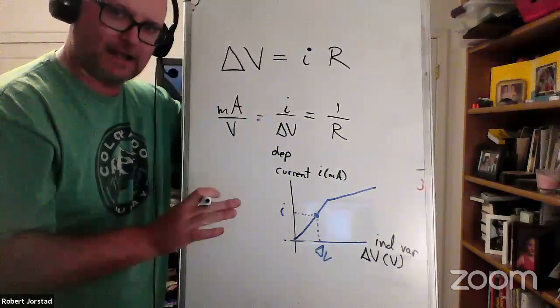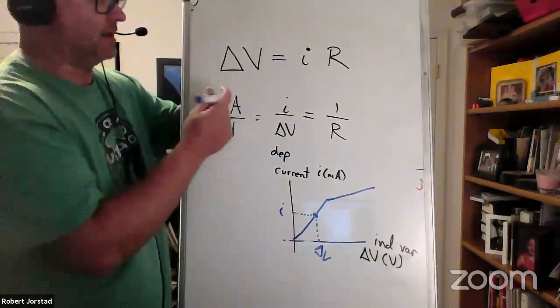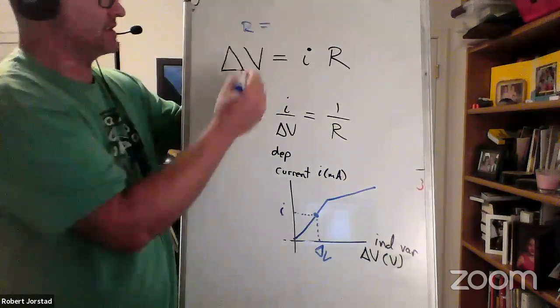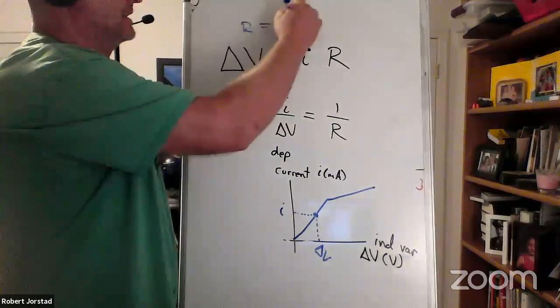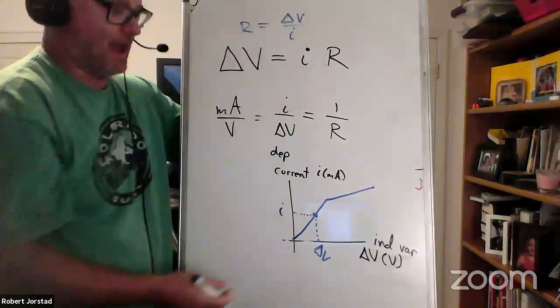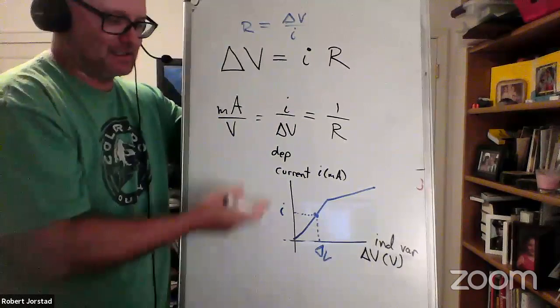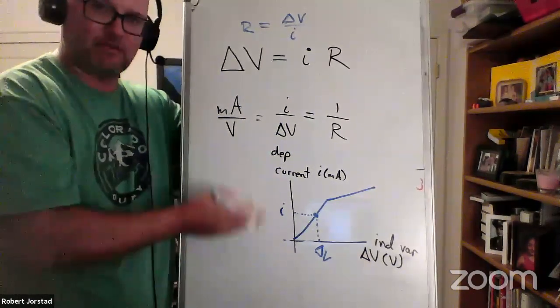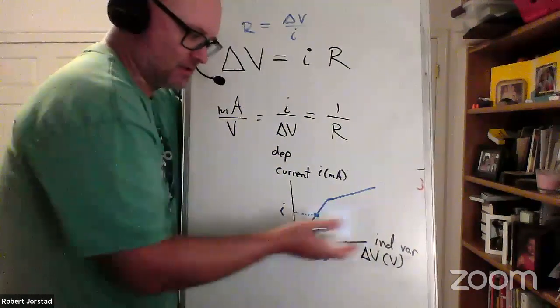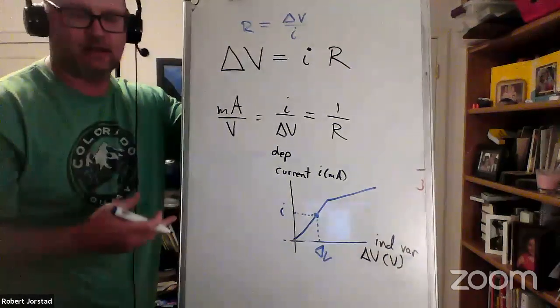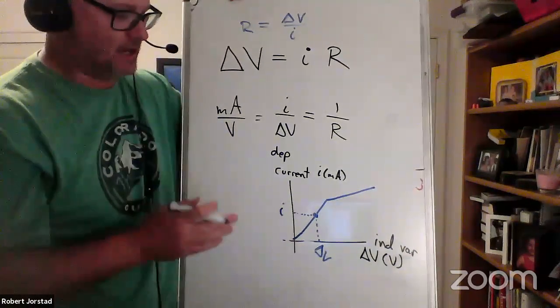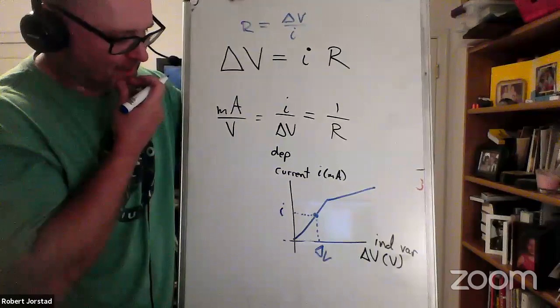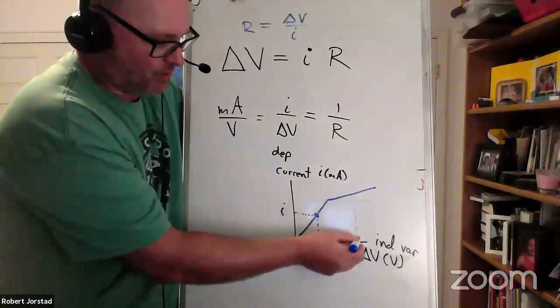Likewise, you could say resistance is equal to delta V over I. Now you have to know this is the standard way plots are made, and everybody makes them that way because this is what is usually controlled by an engineer. This would be true wherever you are.